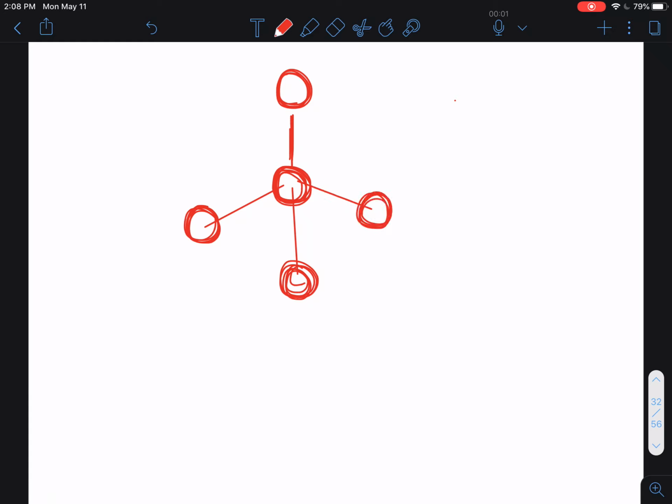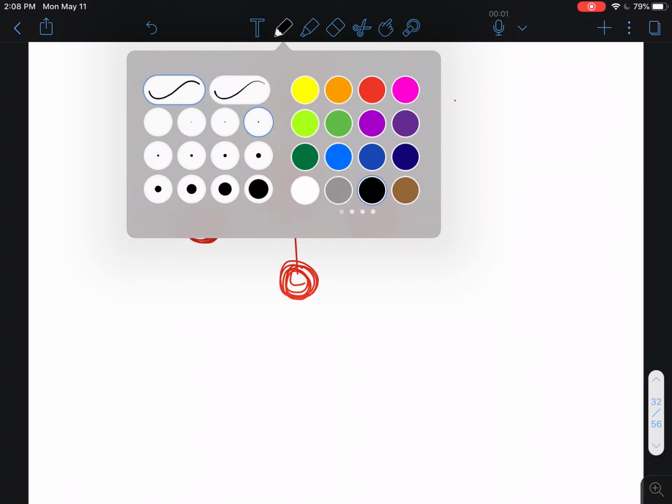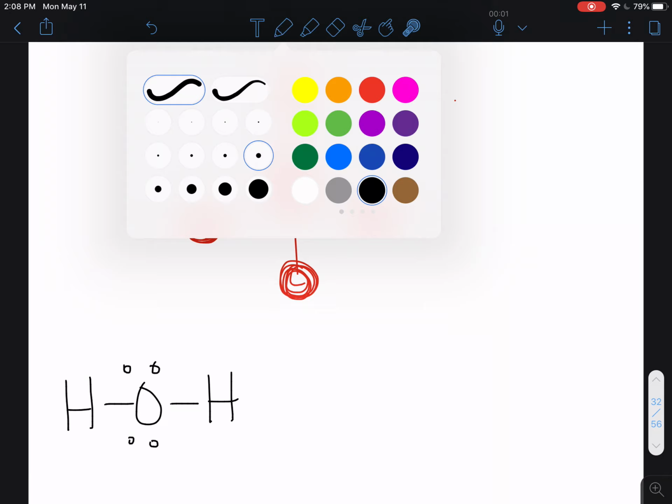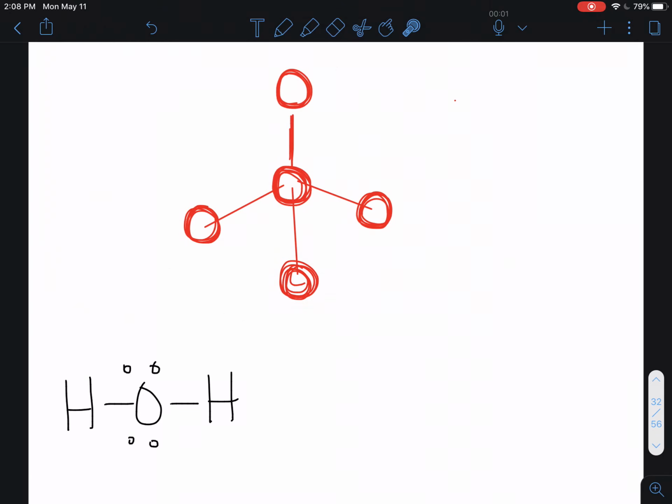Okay, these aren't actually elements, right? We're going to fill everything in. We know that for water, the Lewis structure is this. Okay, so if we know the Lewis structure is this, I'll take a step back really fast.